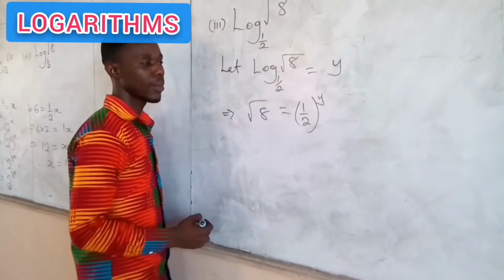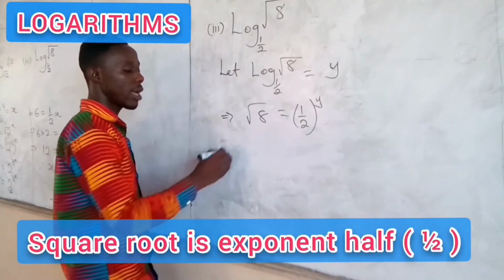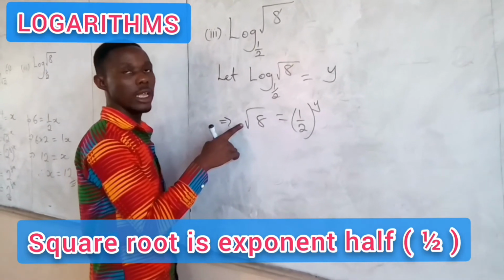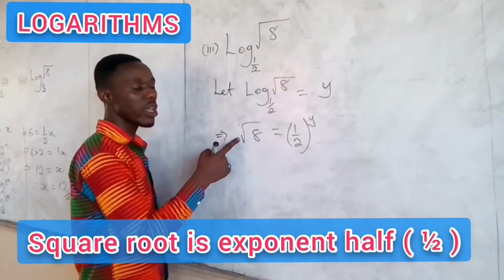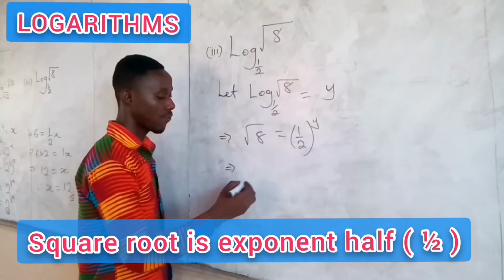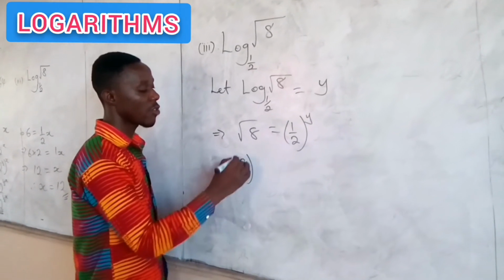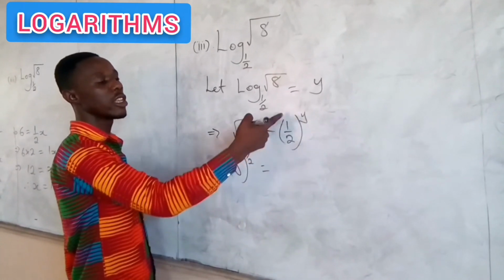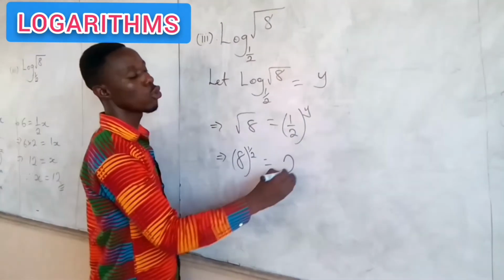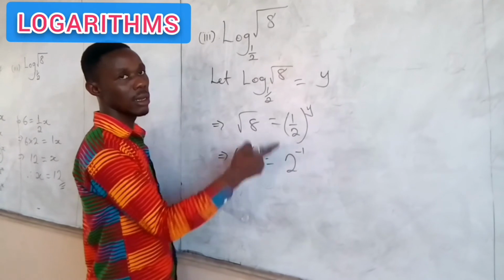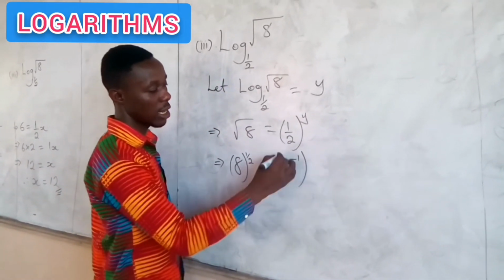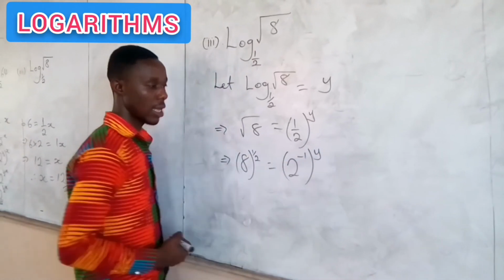Now from here, as we said earlier in indices, when you see root, it is exponent half. So we have 8 exponent half. And when you also come here, changing the position, we have 2 exponent negative 1, finding the inverse of this one, exponent negative 1, then multiplied by y.